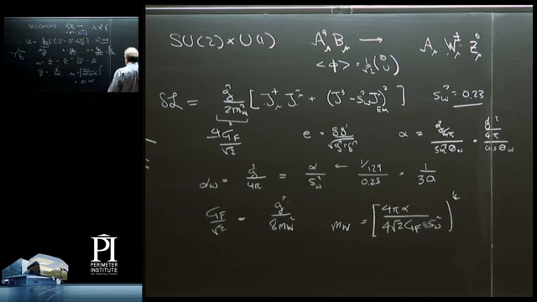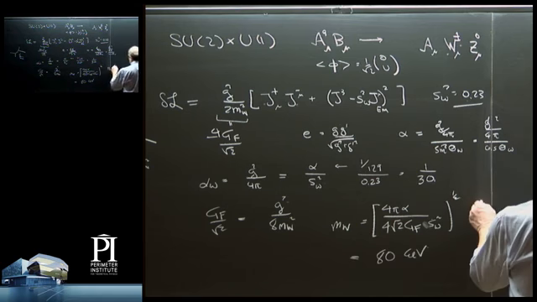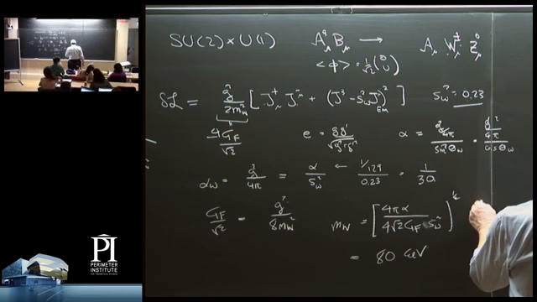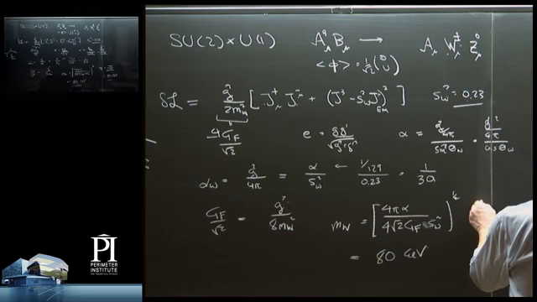And you folks remember that mZ is mW over the cosine of the weak mixing angle. So that's going to give something like 90 GeV. So this is already a pretty interesting story.